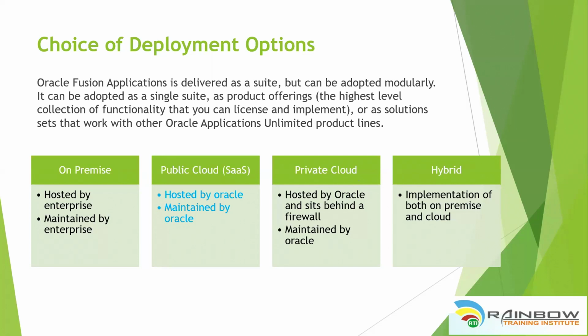Now, another example is a private cloud. When we say private cloud, we also call this OCI Dedicated Region. And for your information, if you're getting confused about terms like on-premise, public cloud, private cloud, hybrid cloud, these terminologies are not just owned by Oracle. They are common across all vendors.